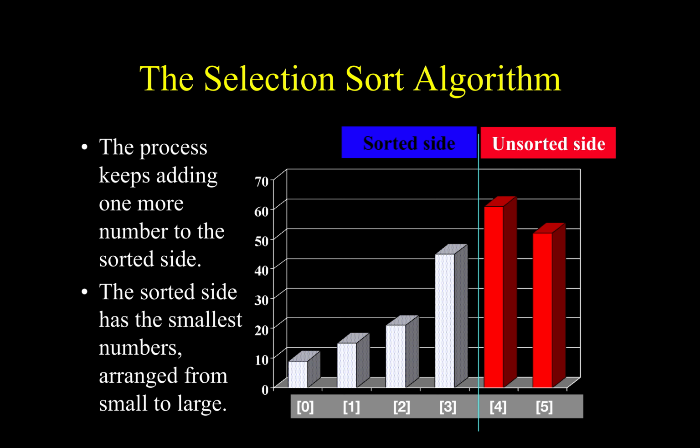And next the process keeps on happening. The process keeps adding one more number to the sorted side. The sorted side has the smallest numbers arranged from small to large.